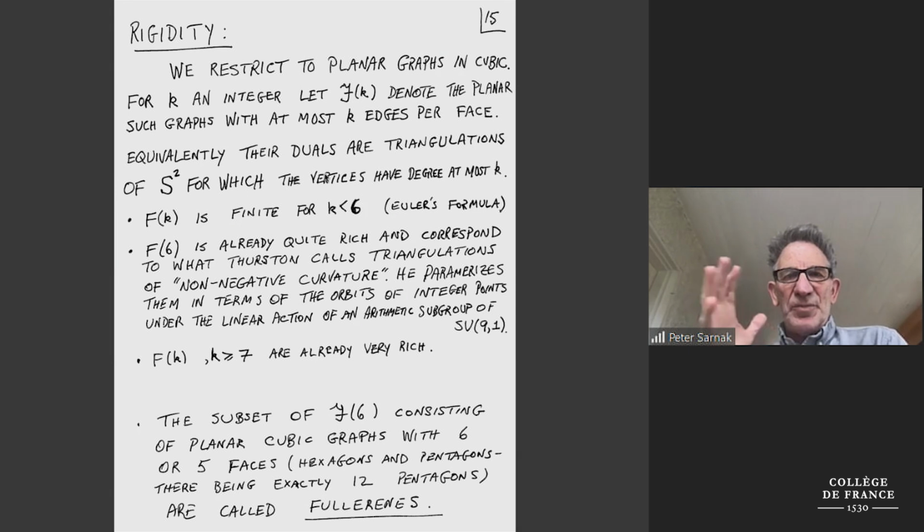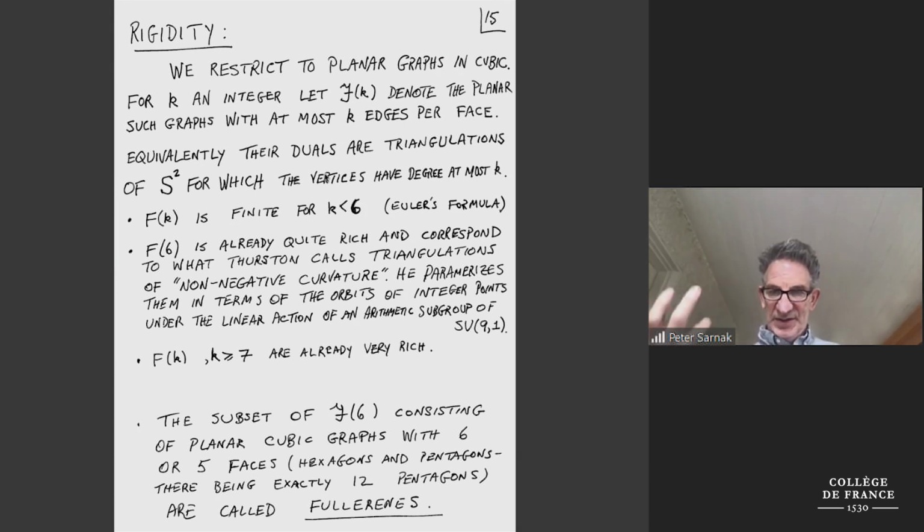Since it's a planar graph, you have Euler's formula, and you can talk about faces and edges in your realization of this three regular graph. So for any integer k, let F_k denote the planar graphs which have at most k edges per face. This is uniquely defined. Equivalently, the duals of these are triangulations of S2 for which the degree of each vertex is at most k.